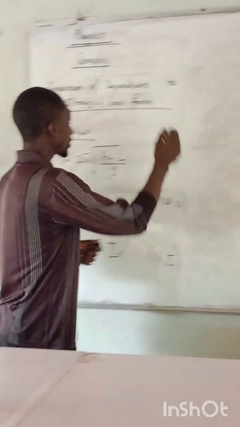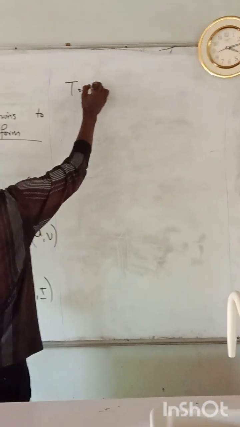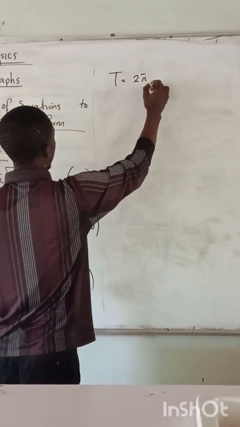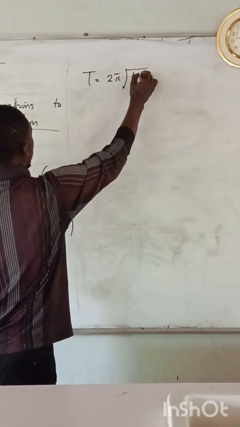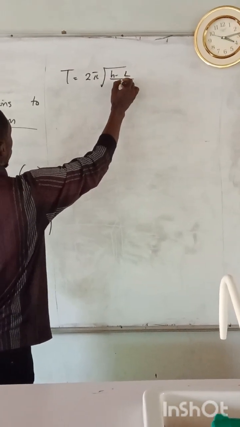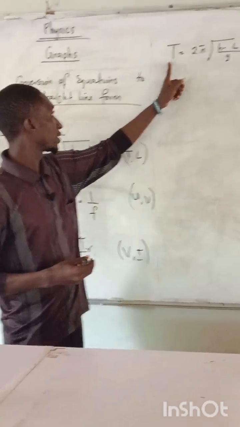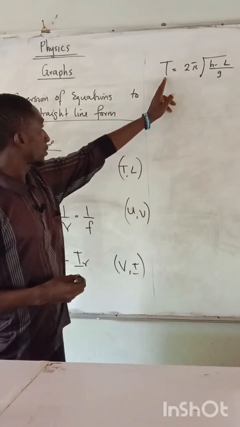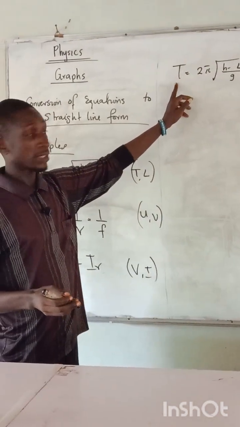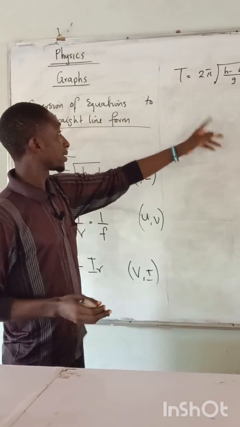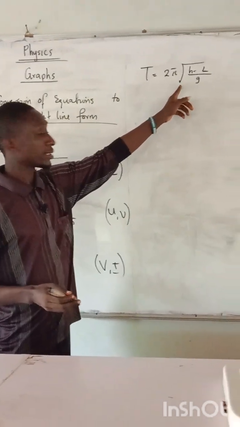So the first thing to do: T is equal to 2 pi square root of (h minus L) all upon g. Since we are plotting T against L, our T is already where it should be, so we don't have a problem with it. Now, how do we take away this square root?